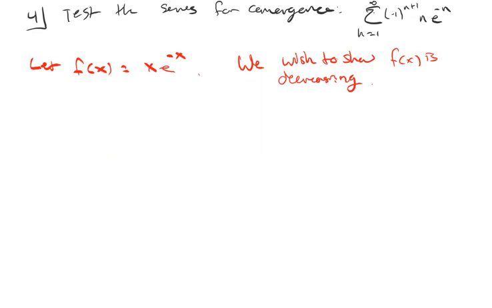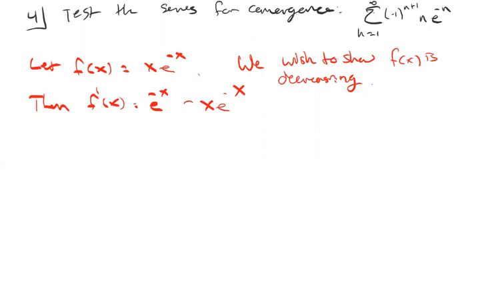So if f of x is x e to the minus x, then f prime of x is e to the minus x, and we pick up a negative sign, minus x e to the minus x, right? Just from product and chain rule.